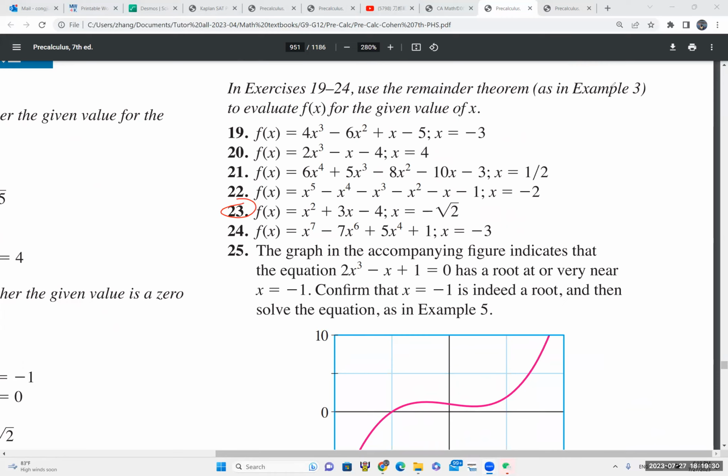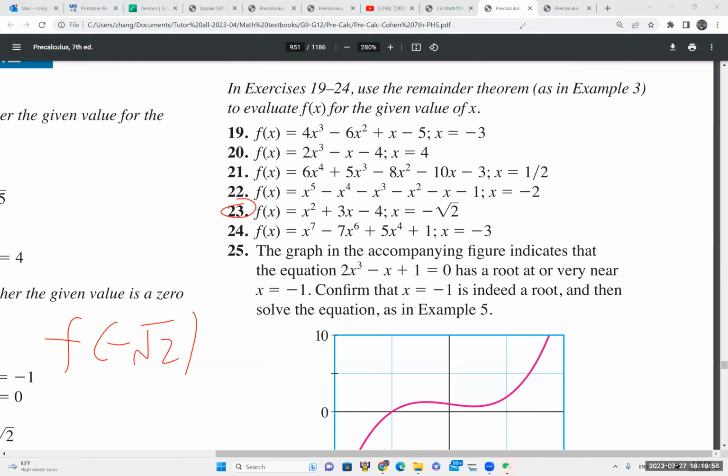Use the remainder theorem to evaluate for the given value of x. It means we just go to find f of this value, right?